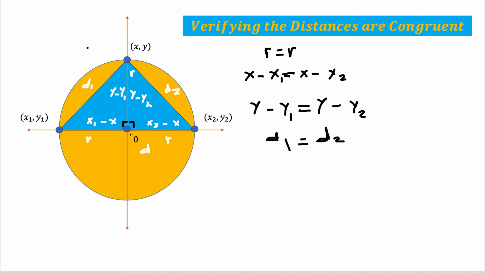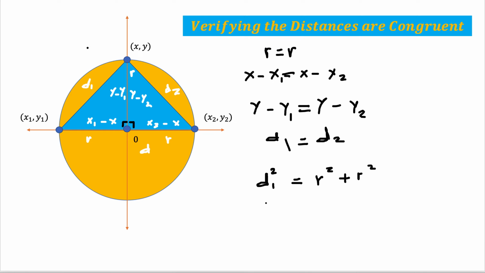Because this is a right triangle, according to the Pythagorean theorem, we already know d1 squared is equal to r squared plus r squared.